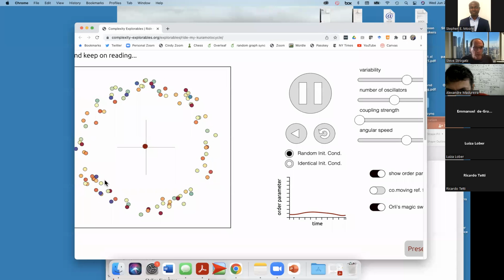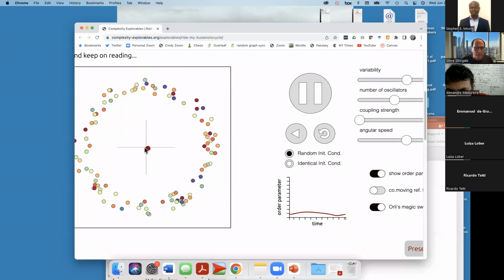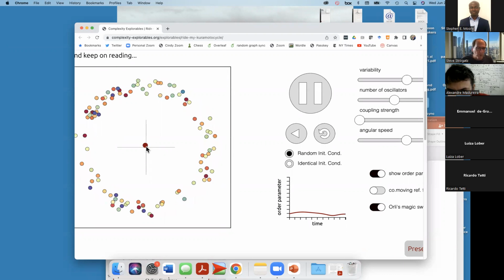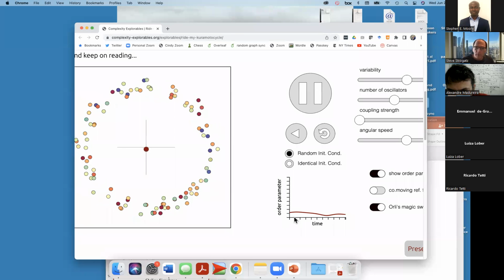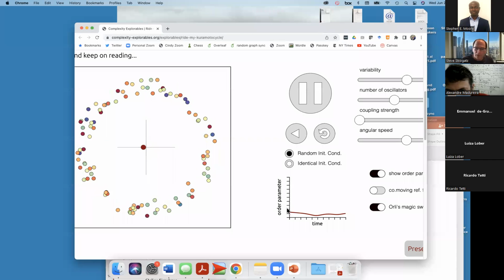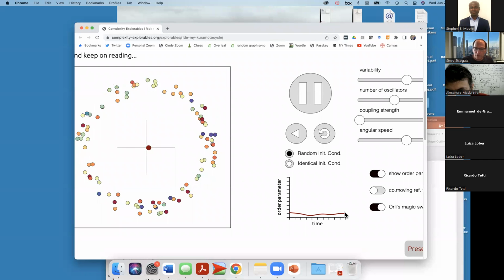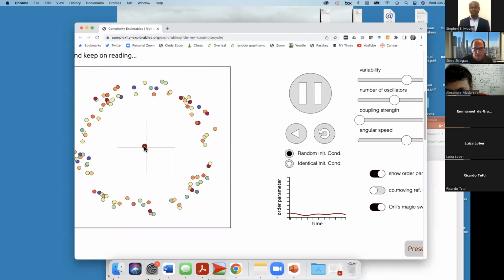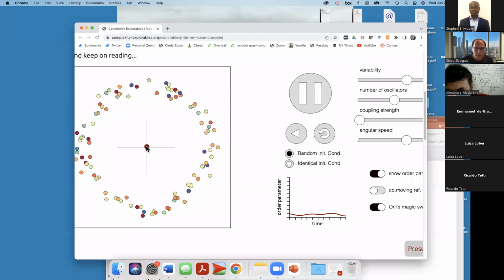So you can see when they're randomly scattered around the circle, the average X and the average Y is going to be close to 0. And what I'm graphing here is the radius of this dot. How far is it from the origin? And it's pretty close to the origin, just bobbling around because of statistical fluctuations.